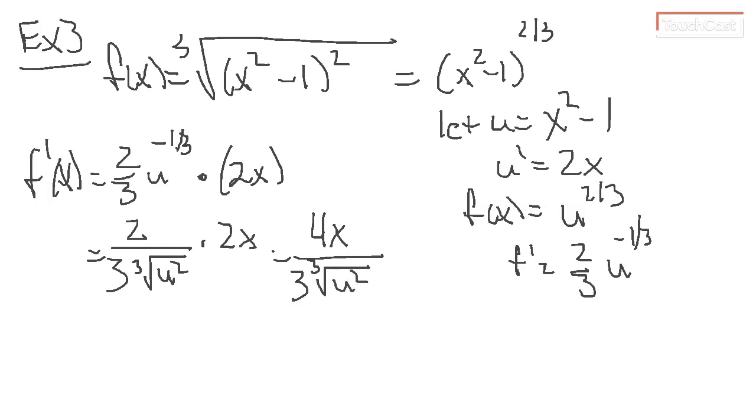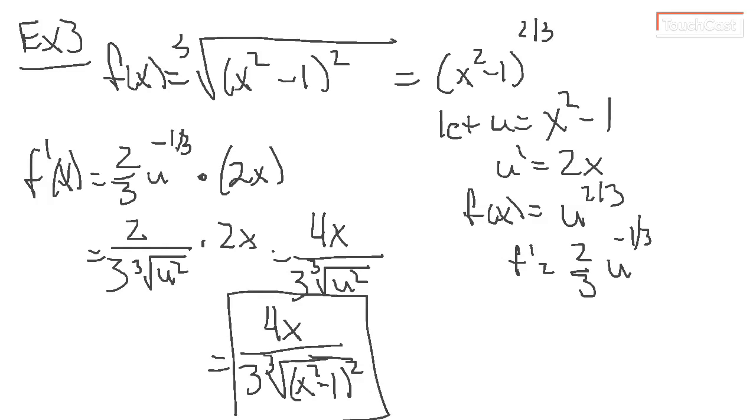And then I'm going to replace my u with what we said u is equal to. So we're going to have 4x over 3 cube roots of the quantity x squared minus 1 squared. And that's our final derivative.